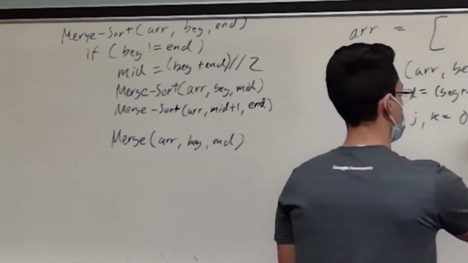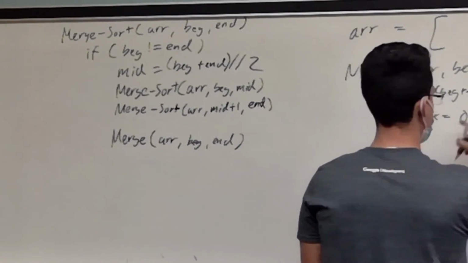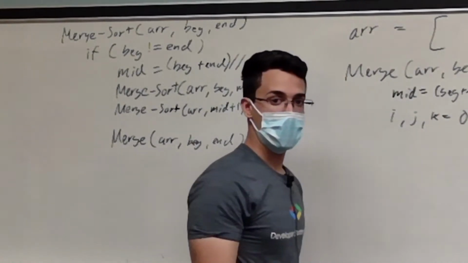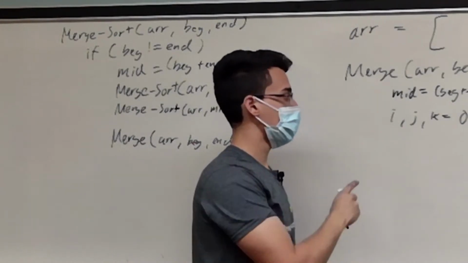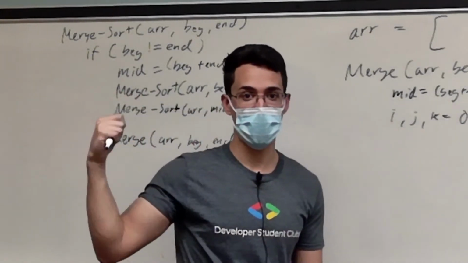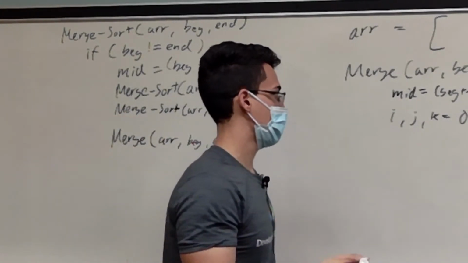And then j is middle plus 1, and then k is 0. k is going to be the iterator for the third array, which is going to be the copy we were doing, the red copy.